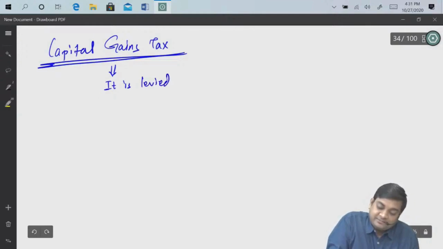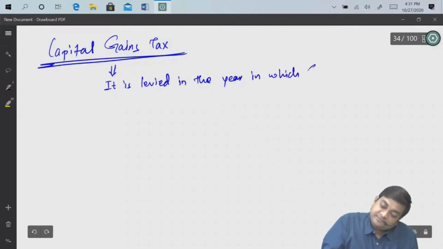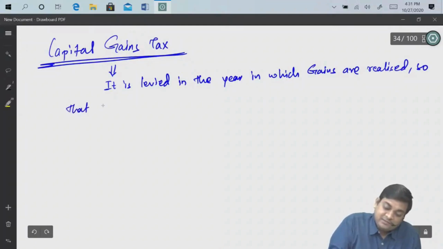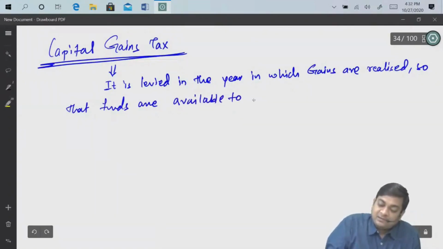It is levied in the year in which gains are realized so that funds are available to pay capital gain tax.